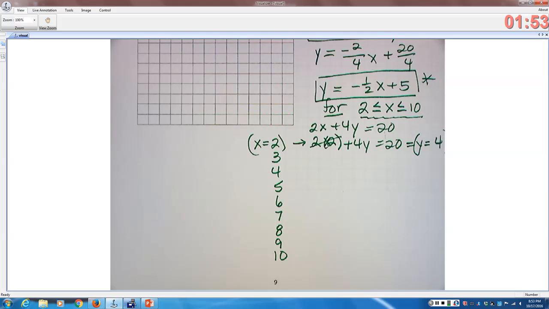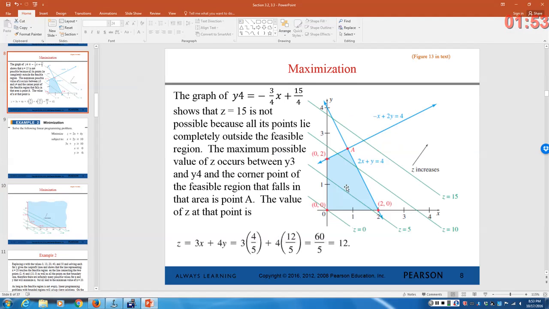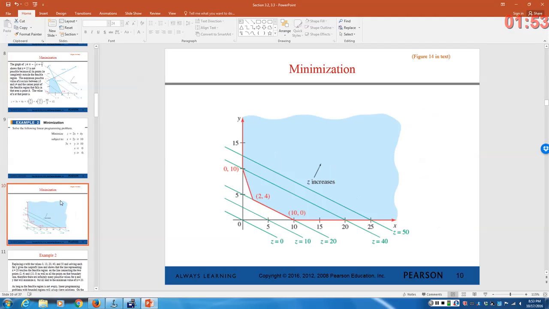But the thing I want you to leave with tonight is if you have a bounded feasible region, you can always have a maximum or a minimum of the objective function, because there's always going to be a highest value or a lowest value, one or the other. But if you have an unbounded region, you may not be able to have a maximum of the objective function, because that's going to keep on going out forever.